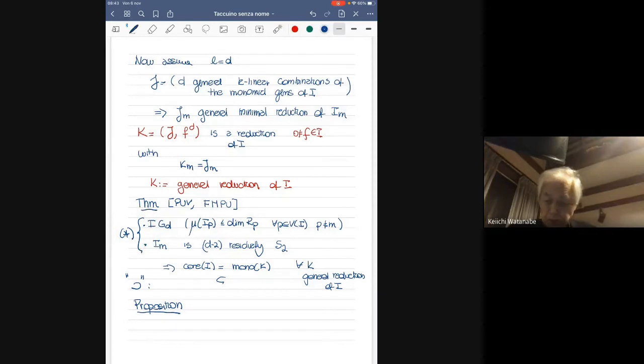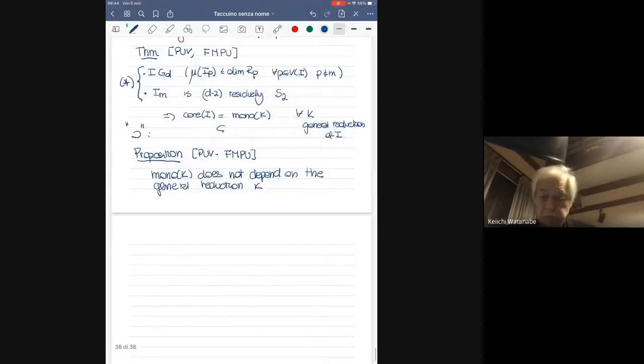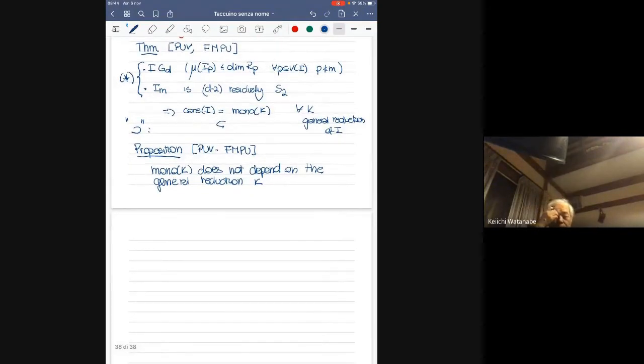So this proposition says, again, first proved by Polini, Ulrich, Vasconcelos and then by Fouli, Polini, Ulrich, that the mono of K does not depend on the general reduction K. And this really is what proves the inclusion, because this is the real core of the thing, if you want, because once you have this, you get immediately the proof of the theorem.